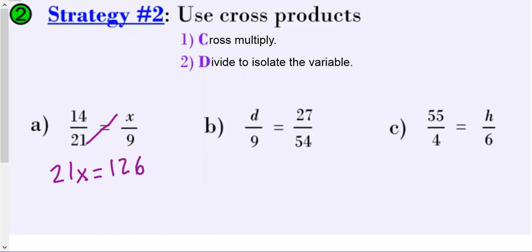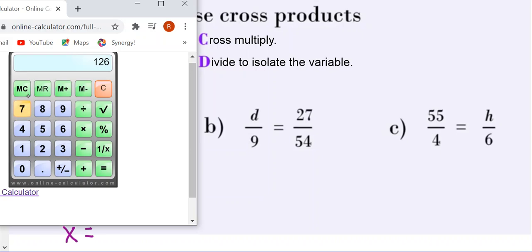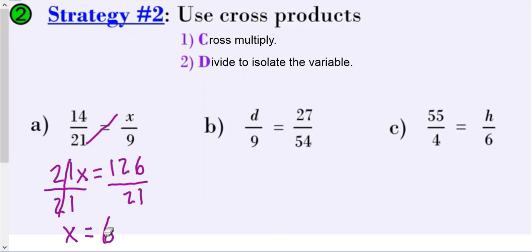So now we have a one-step equation. Now to isolate the variable, we're going to divide because we have multiplication. So we're going to divide by 21 and then divide 126 by 21. And these will cancel out, and you'll be left with x equals 126 divided by 21, and we get 6. x equals 6.